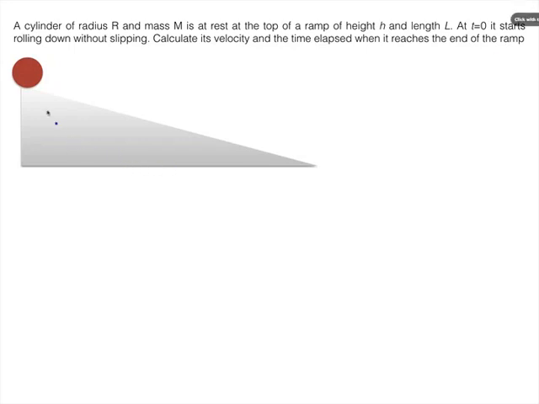Okay, so we have this cylinder of radius r and mass m, which is initially at rest at the height h, and in the initial instant it starts rolling down the ramp until it reaches the end of the ramp here.